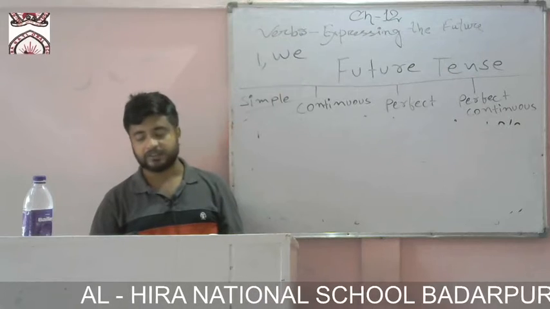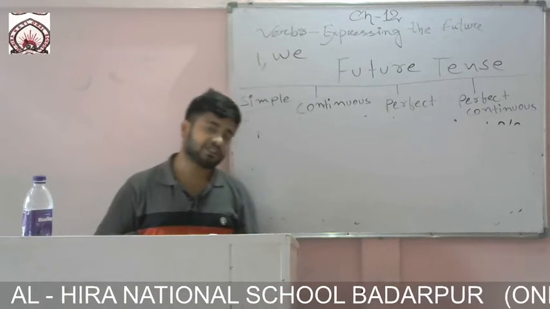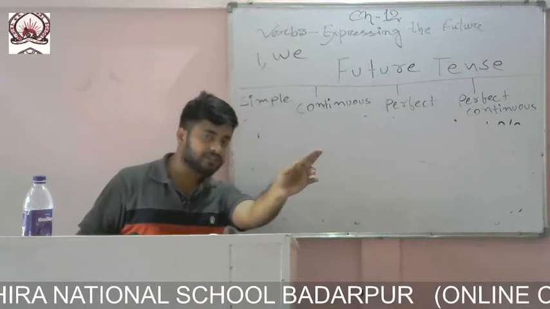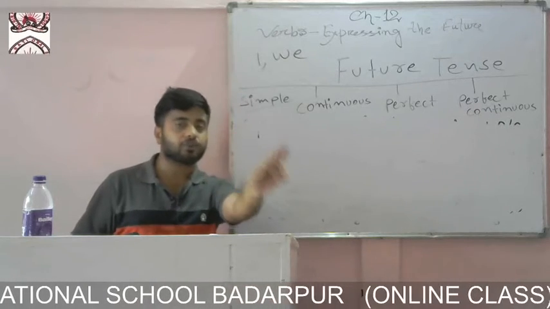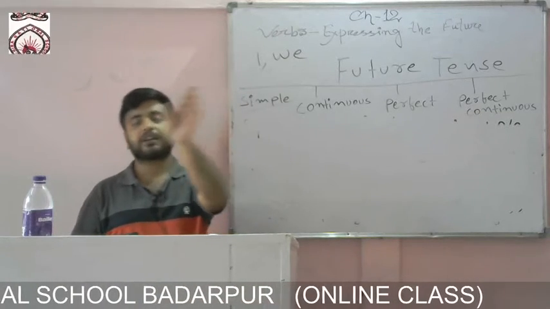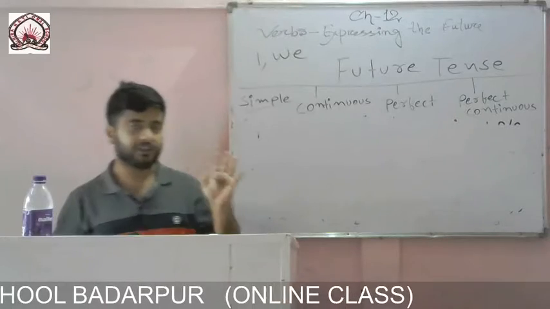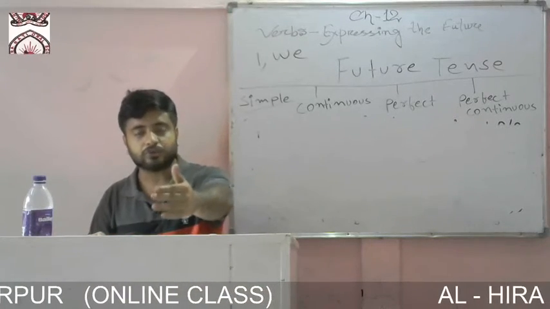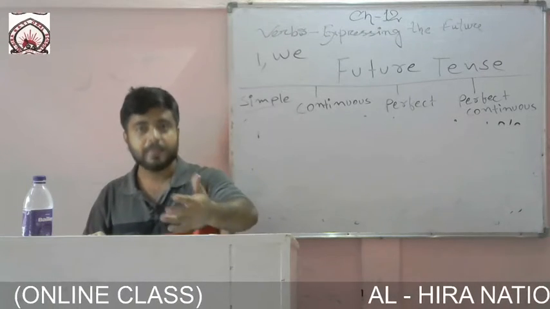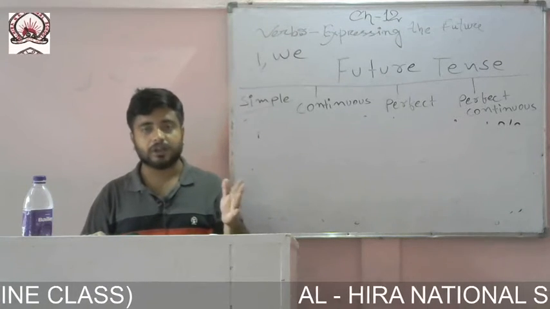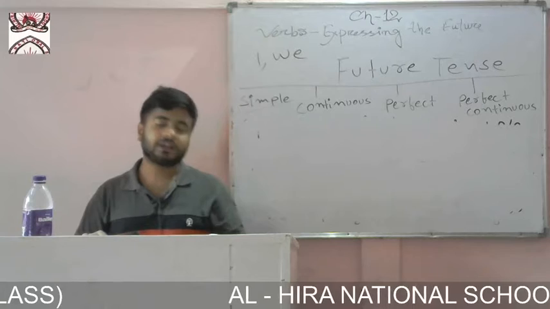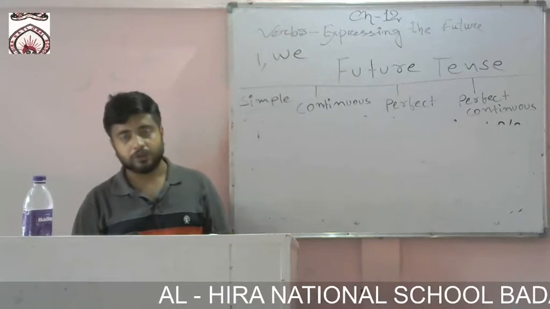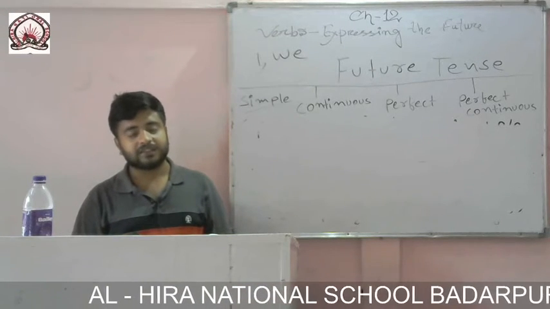In past tense, two actions take place in the past. For the first action we have to use past perfect, and for the second action past indefinite. And in future perfect, two actions will take place in future. For the first action, we are to use future perfect, and for the second action, we are to use what? Present indefinite.